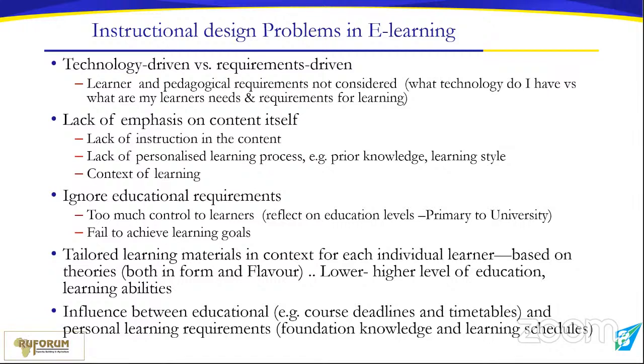Lower to higher levels of education have different learning abilities. A classic example is the Bible. There's a Bible for children and a Bible for adults, and the Bible for children largely consists of pictures, images, and very basic illustrative stories, whereas for adults we have more complex text, and even the language itself is complicated.